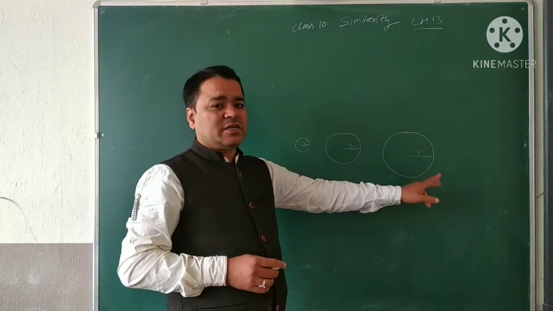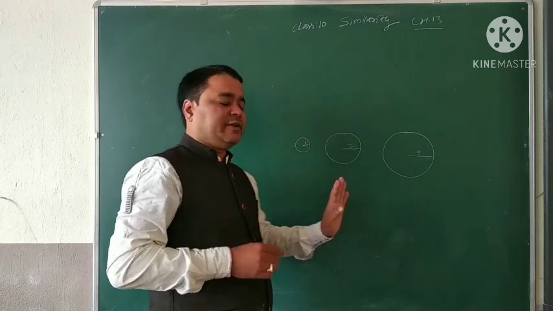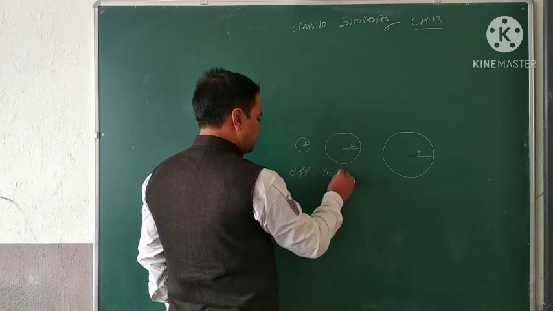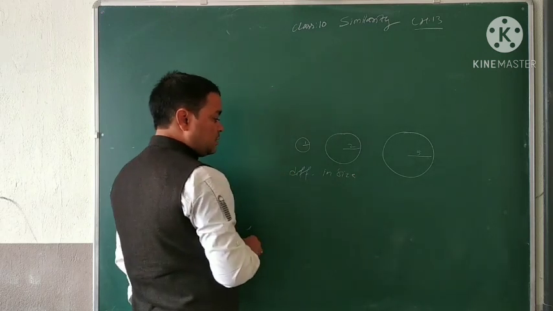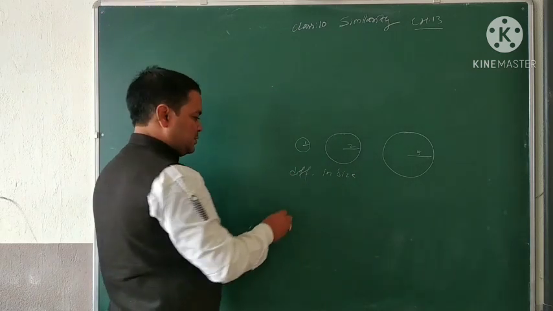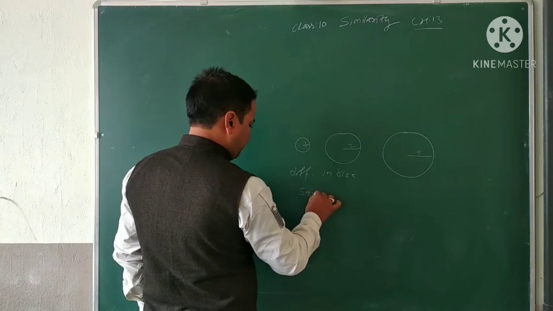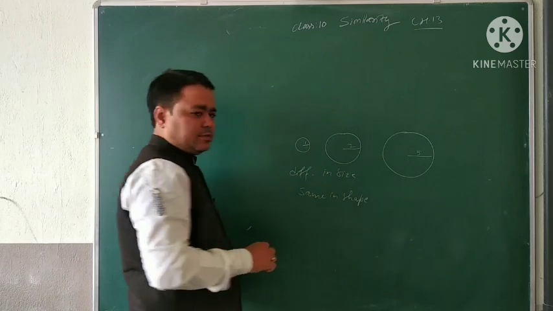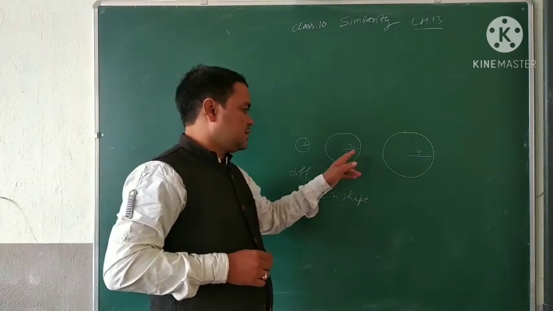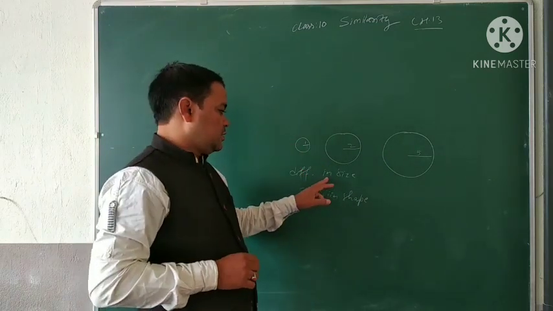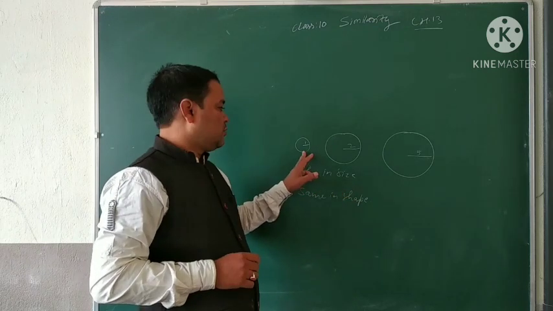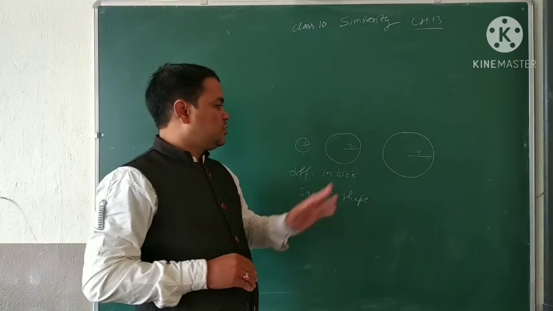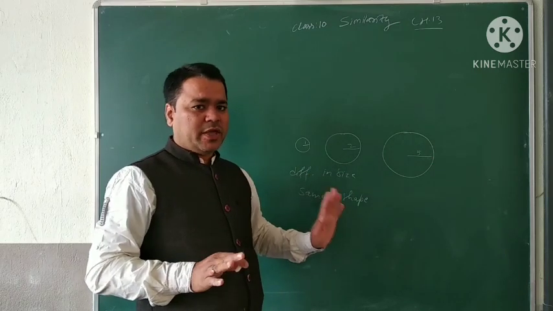Their size is not similar; they are different in size, but same in shape. The shape is the same, circle, but the size is not the same. Here 1 centimeter radius, 2 centimeter radius, 5 centimeter radius. So they are similar.